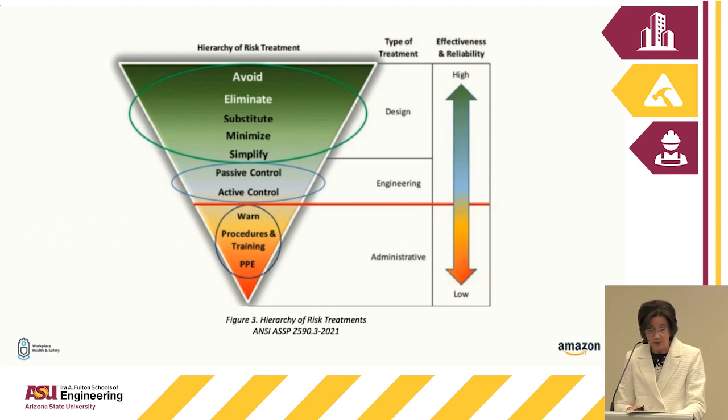So let's go on to using the hierarchy of risk treatments that is in the standard. The first is, obviously, we want to get way up to the top of the hierarchy to avoid and eliminate. Ain't happening with a process that's already installed and in your work environment.